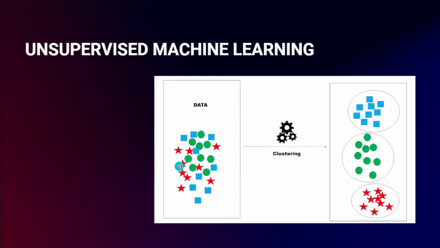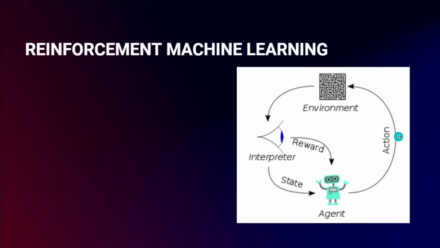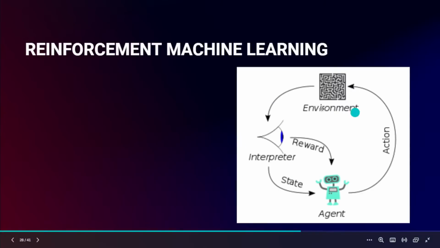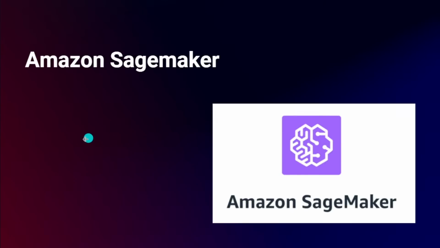If I give stars, squares or circles, it will just group them based on the features they have. Reinforcement learning is like a feedback mechanism. We have an interpreter and an agent; if the action is correct, the agent gets a reward. If it failed, we send it back to learn more. It's like improving on its own. And these are the types of machine learning.